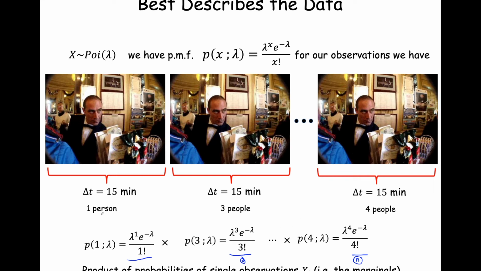Because this is a probability it's going to be between 0 and 1. They're all probabilities that are going to be between 0 and 1. So you want to choose a lambda such that the product of each one of these individual terms, when you take the product, the result is the largest value it could take on. And that's the so-called max likelihood estimator. The version of lambda, the estimator, that maximizes this expression.